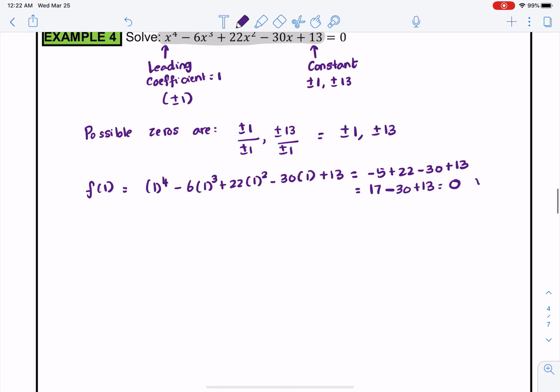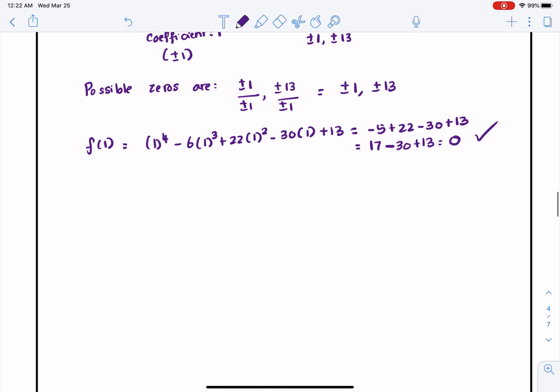So we got lucky. So the 0 is 1. This would imply x minus 1 is a factor.